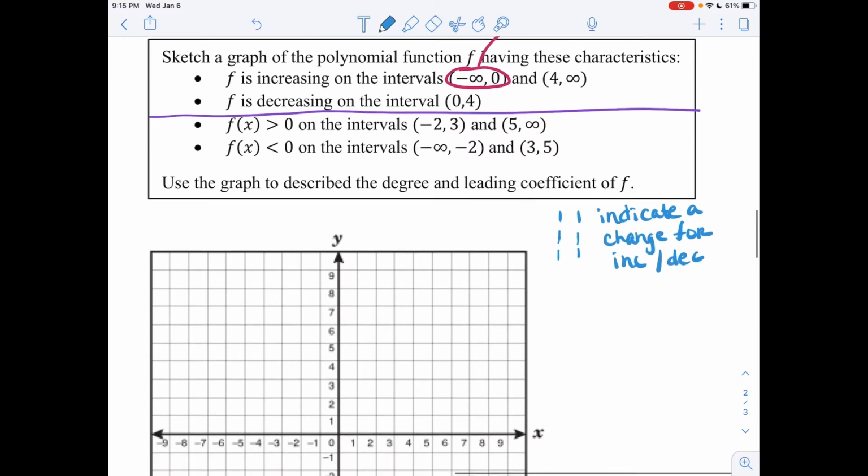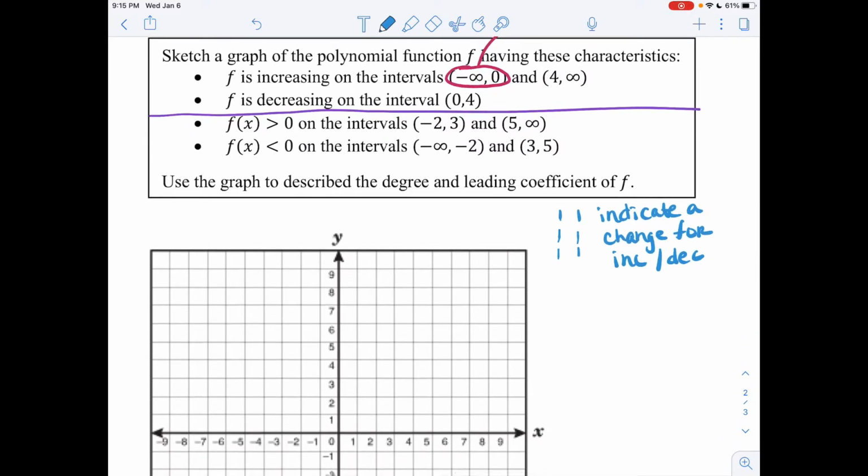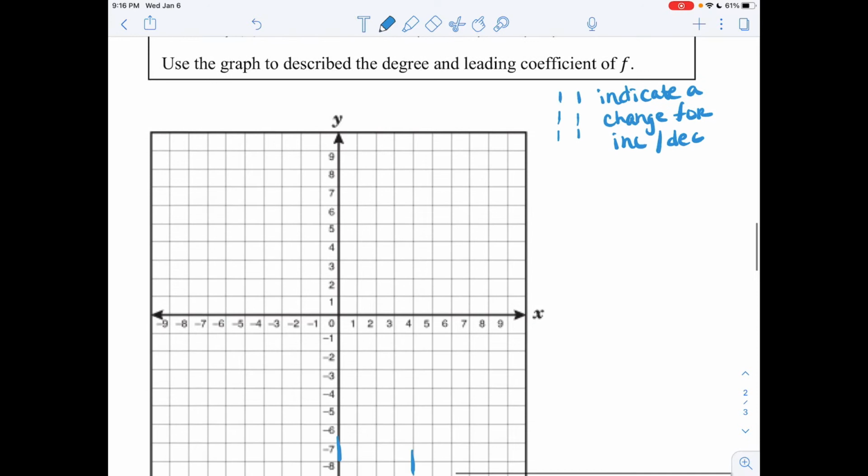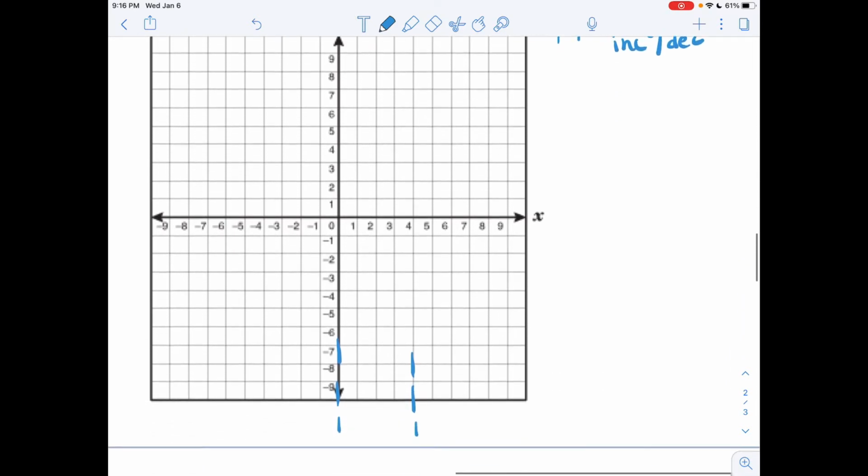Okay, so negative infinity to 0 in the x direction. So I'm starting over here, way off of my graph, and headed towards an x value of 0. And I know that something important is happening here. We are increasing until we get to that point. So I'm going to draw a vertical line there to indicate that that's a critical point.